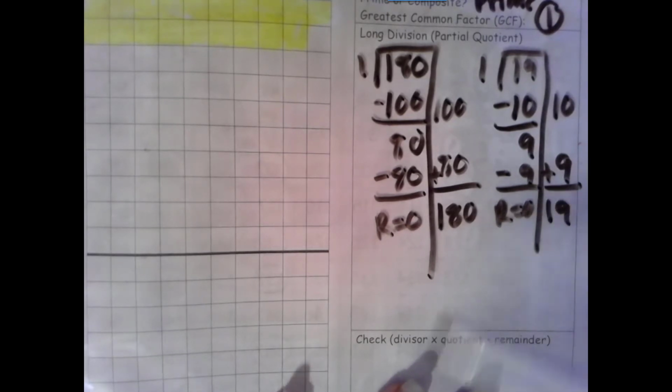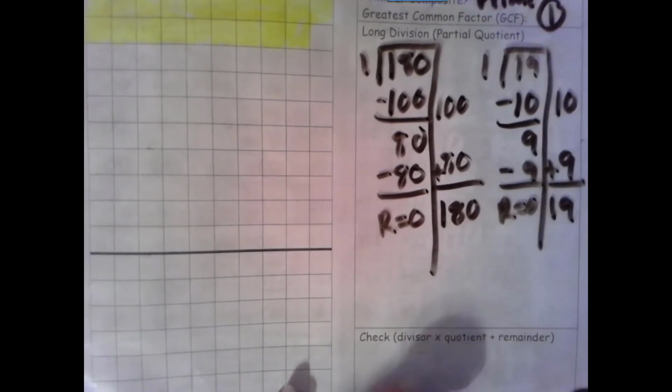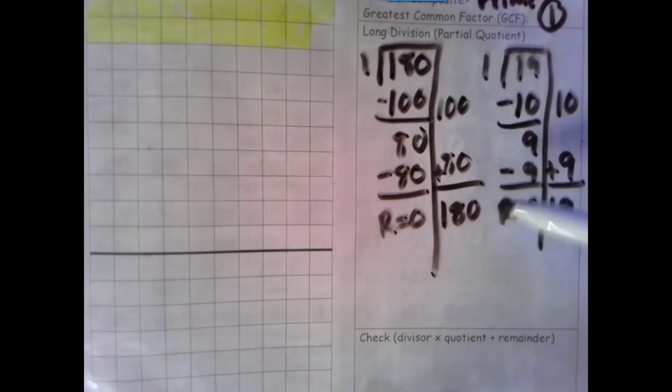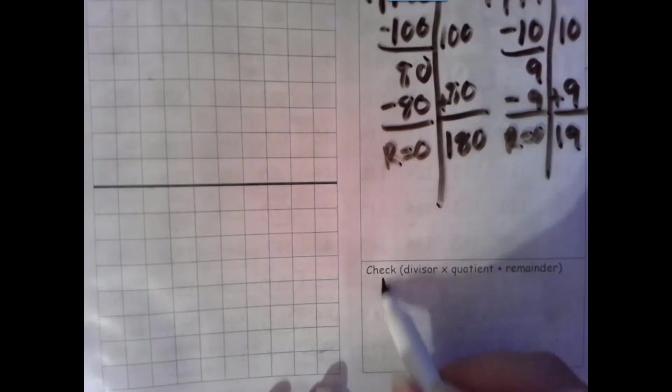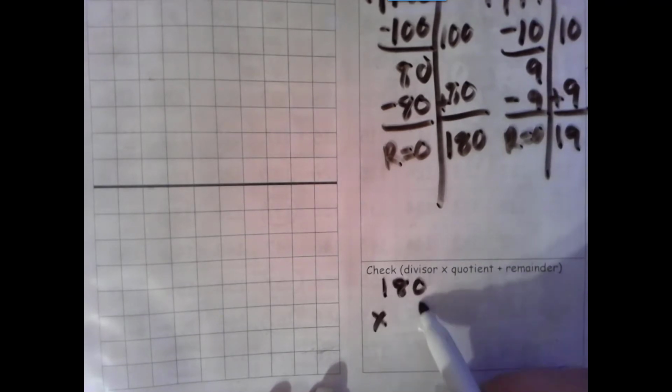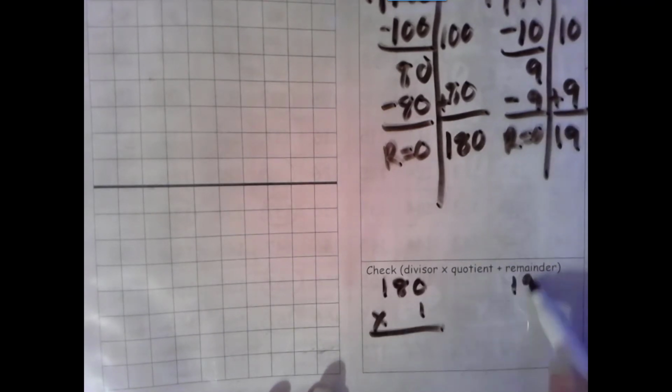We still need to check, which is our divisor times our quotient plus our remainder. So 1 times 180 plus 0, 1 times 19 plus 0. Now we don't actually need to add the remainder of 0 because the identity property of addition says it's going to stay the same.